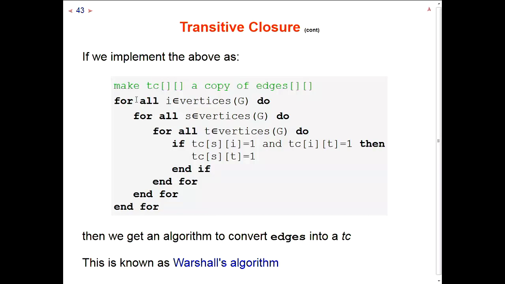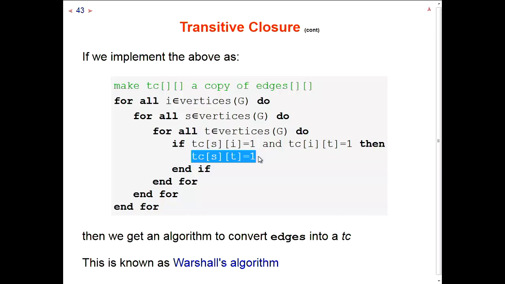It says to go through all vertices I, and then in two inner loops, check whether, when you have an arbitrary vertex S and an arbitrary vertex T, you already know that you can go from S to I, which you have in your outer loop, and from I to T, then you know that you can also go from S to T.